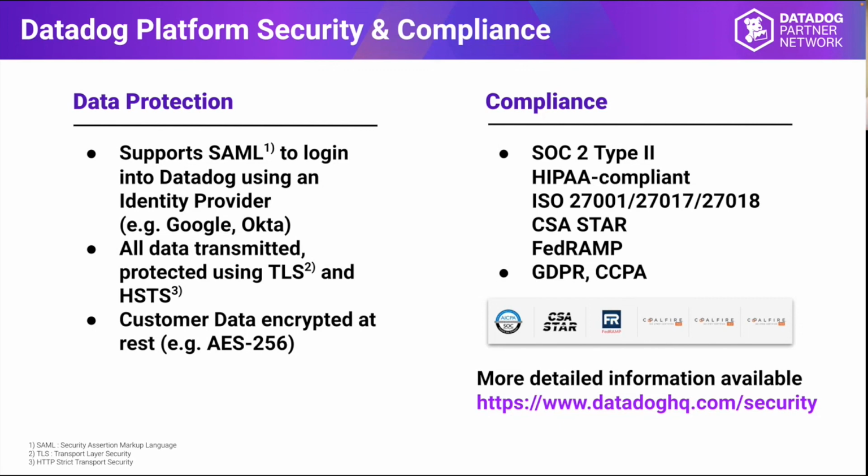All customer data is encrypted at rest using an encryption standard like AES 256. Datadog maintains active SOC2 Type 2 compliance, provides HIPAA compliance for log management and security monitoring, and has achieved certification to ISO 27001, as well as compliance with standards like 27017 and 18.